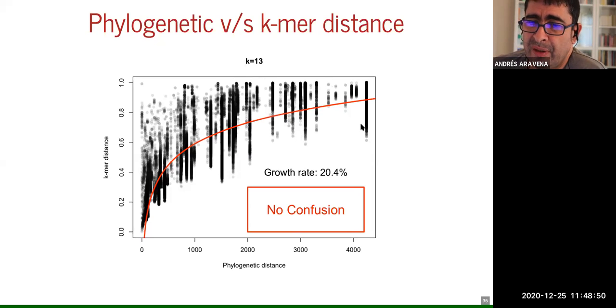But the bad news is this: things that are very similar, that are phylogenetically very close here, sometimes, this part here.